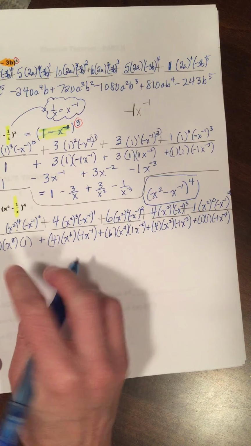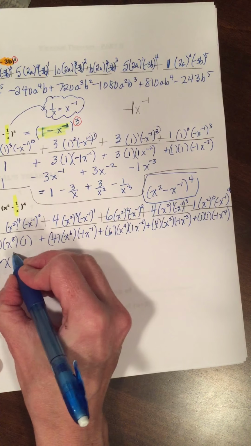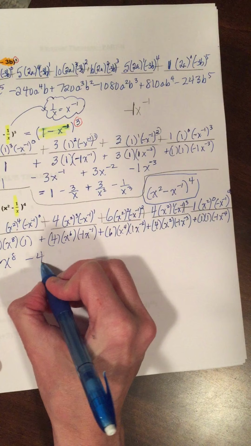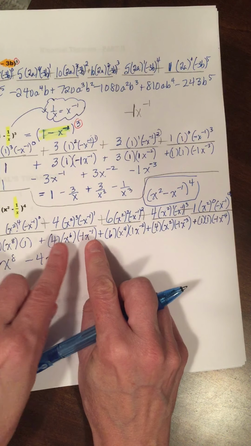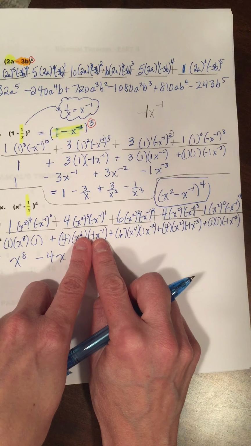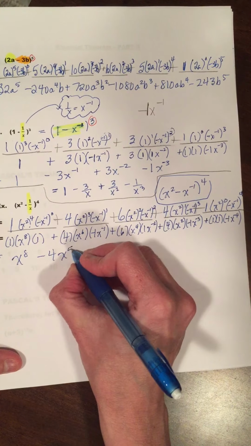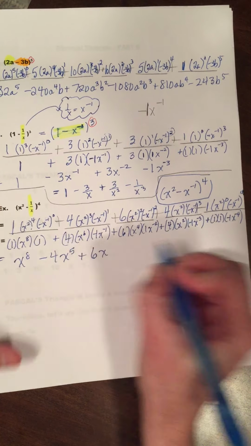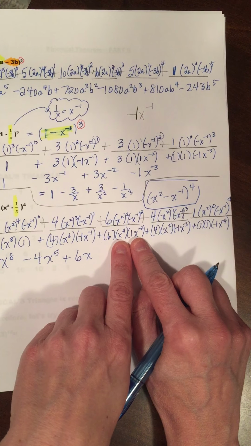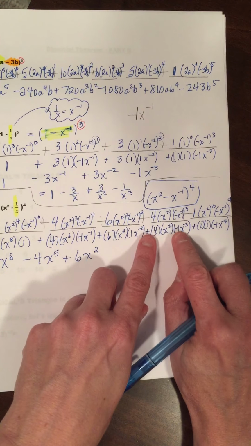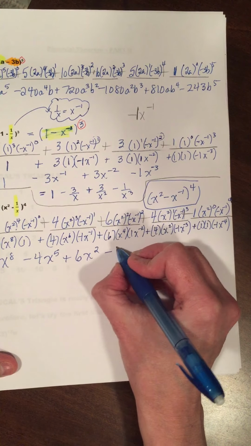Okay. X to the 8. 4 times negative 1 is negative 4x to the... Now careful here. When I'm multiplying powers with the same base, I add the exponents. So 6 plus negative 1. 6 times 1 is 6. When I'm multiplying powers with the same base, I add the exponents. 4 plus a negative 2. 4 times negative 1.